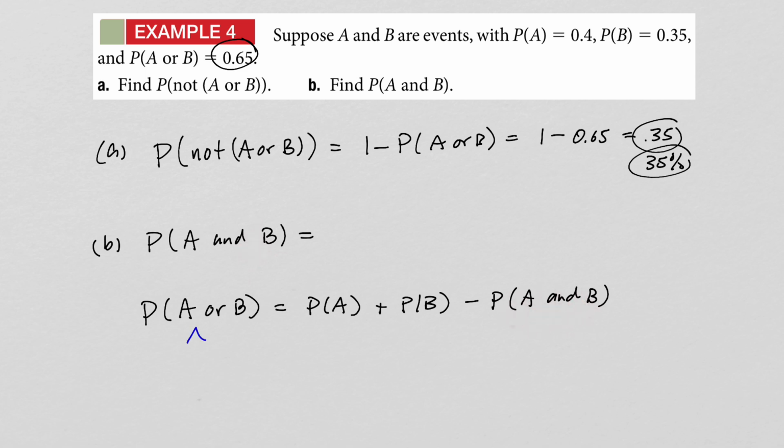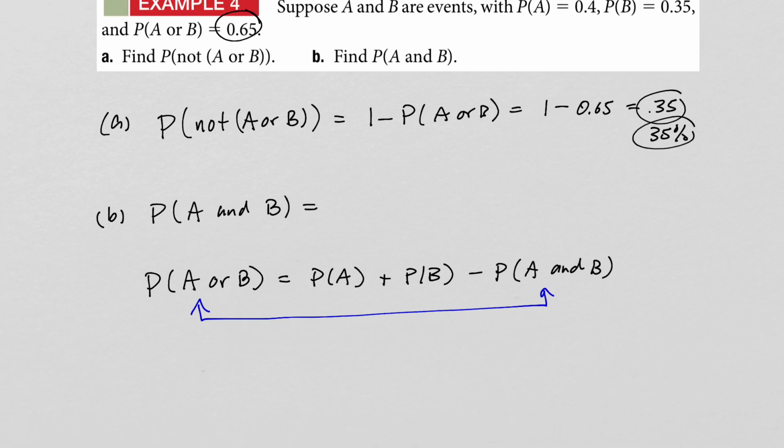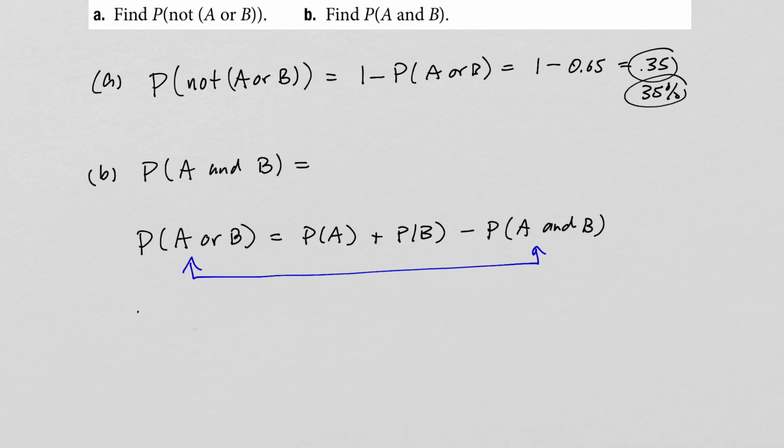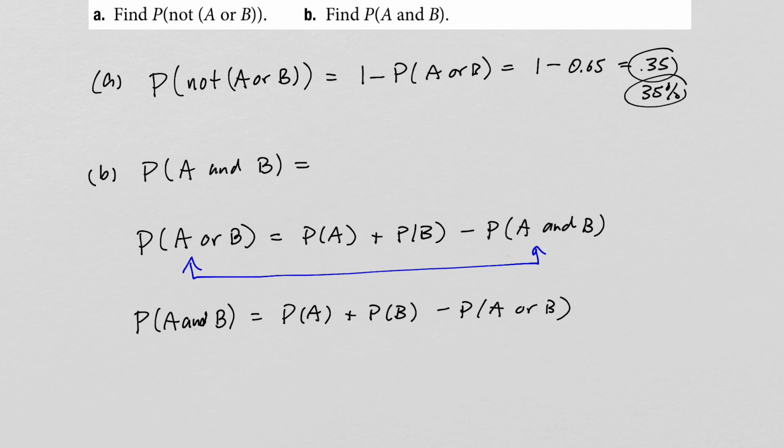I can solve for that in this formula by simply adding this probability over to the left side and subtracting this probability over to the right side. And if we do that, we come up with the probability of A and B is equal to the probability of A plus the probability of B minus the probability of A or B.